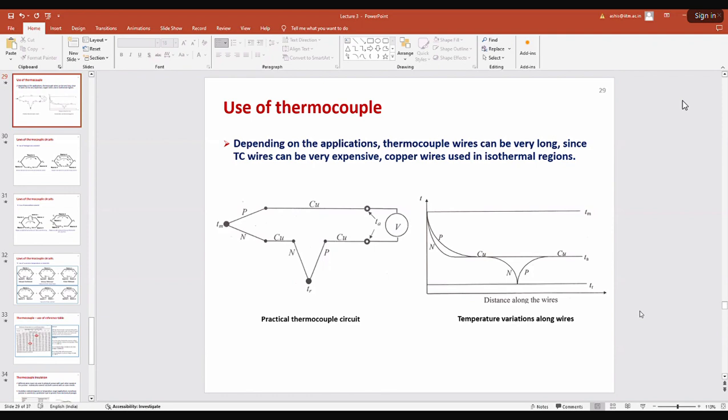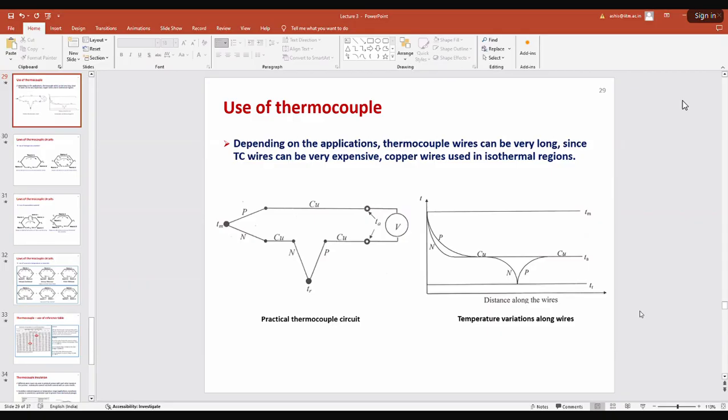That is just ambient temperature. It may be a little higher, a little lower, that doesn't matter. So TA is basically, see, you have the copper wire coming and then you have the voltmeter wire, right? So it is not really important to talk about.